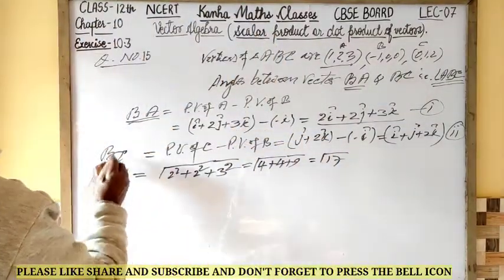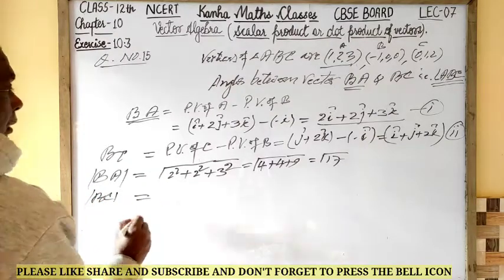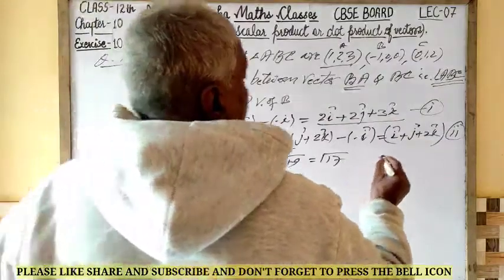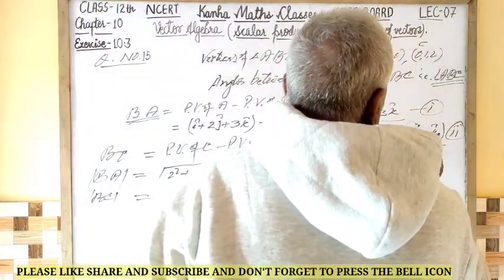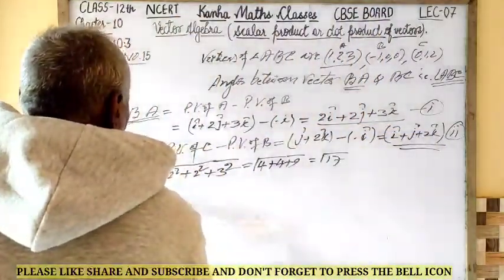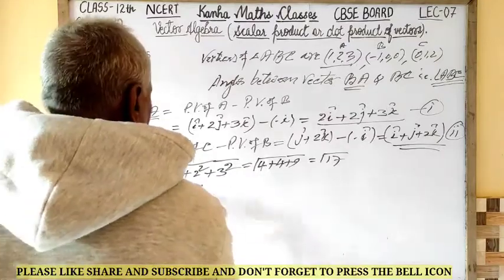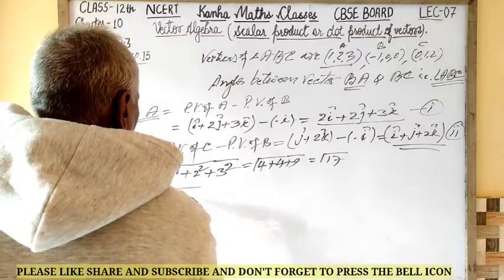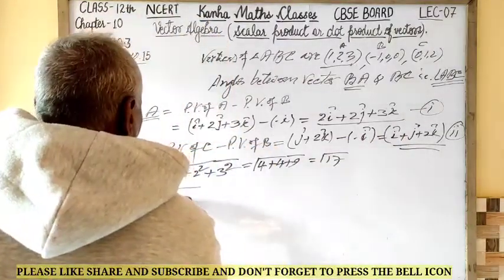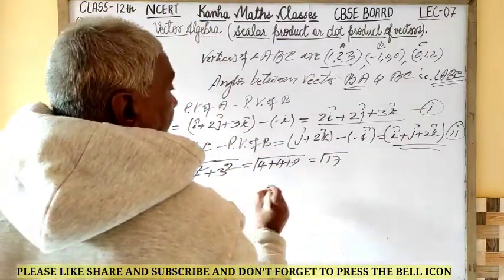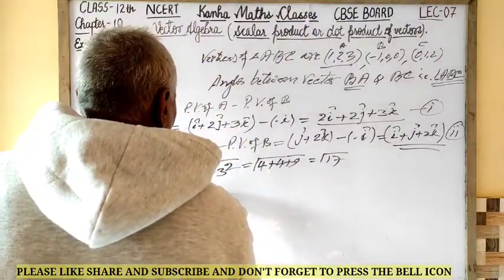And magnitude of vector BC, i plus j plus 2k. Under root, i means 1 square, j means 1 square, and coefficient of k is 2 square.